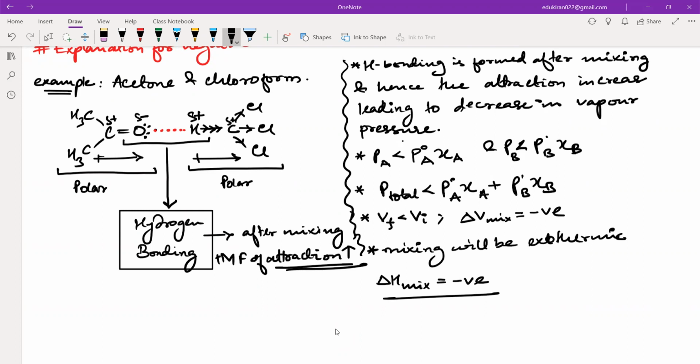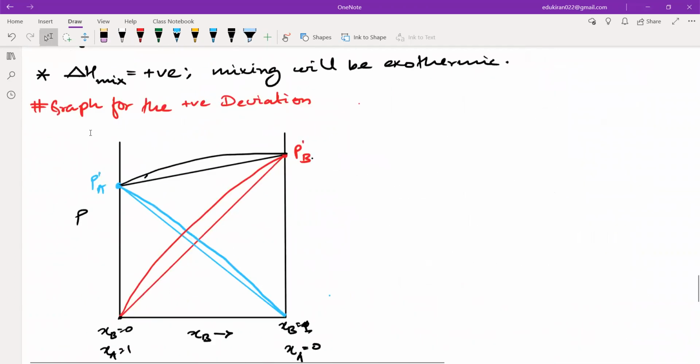Please write this down. Then we'll do the graph also.